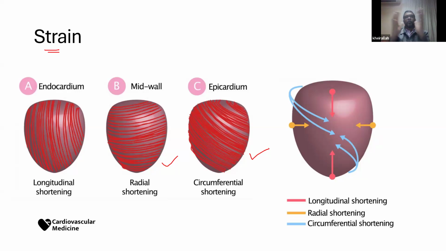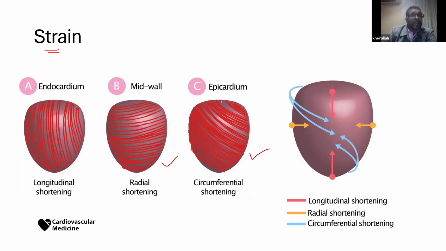No, it contracts in 3 planes: this way, top down, twisting and untwisting, okay? So this has given insight into the fact that ejection fraction might be underestimating the LV systolic function, and strain might be a better marker of LV systolic function.